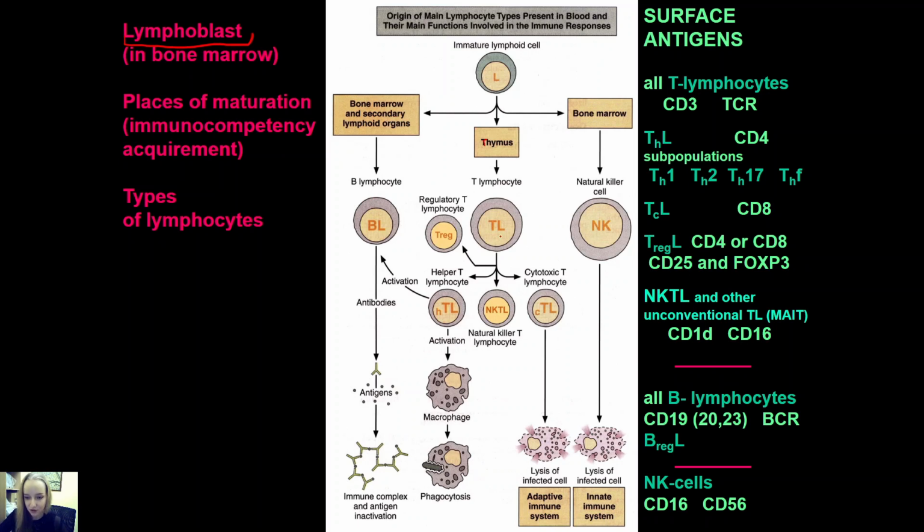So these two are part of acquired immunity. NK cells are part of innate immunity. So we differentiate many types of lymphocytes, as you know.